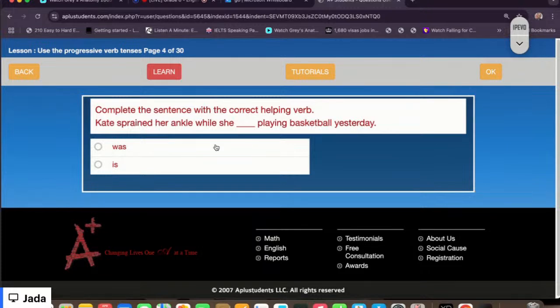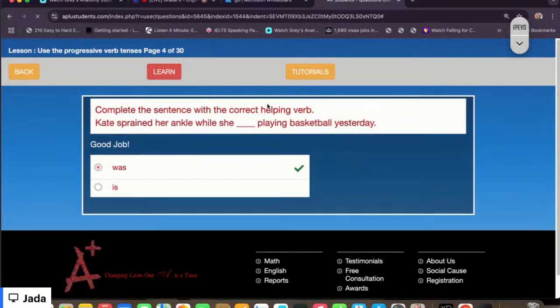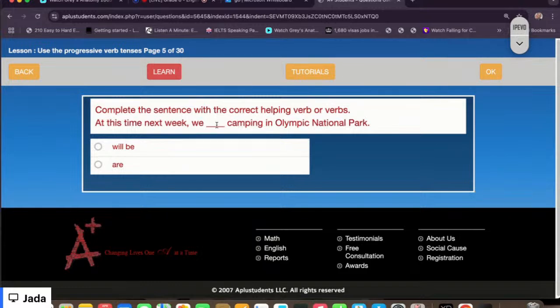Alright, so we have was playing basketball yesterday. Okay. At this time next week, we dash camping in Olympic National Park. We will be or we are?